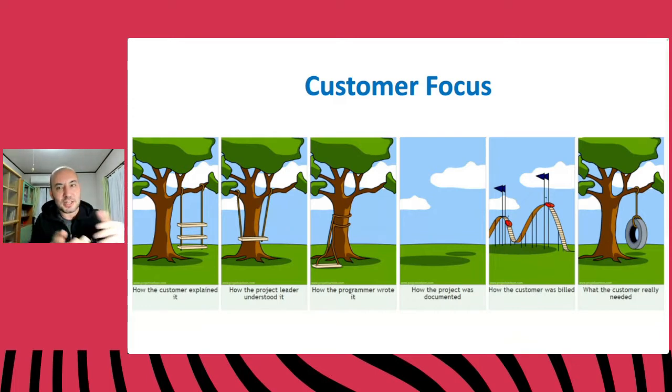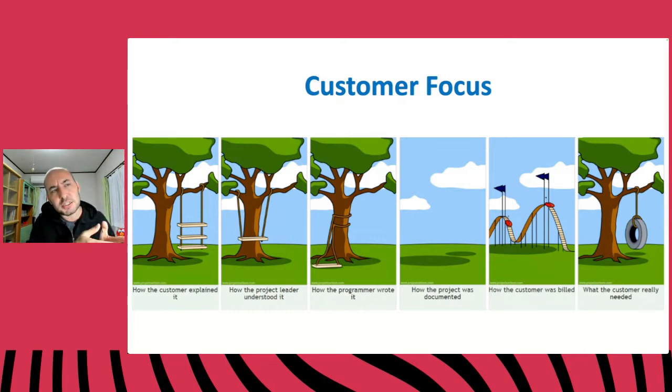And most of the time, the customer himself does not know what he needs. And then, after those kind of requirements or the specifications, a development is done, which is again maybe totally different. And then we test in a way based on the documentation we have, which is most of the time no documentation at all. And of course, it will be way different than what the customer needs.